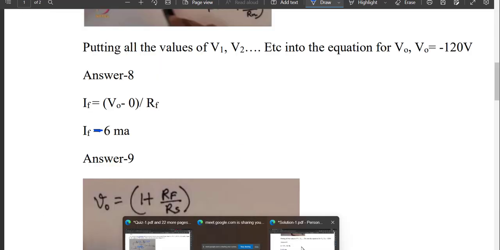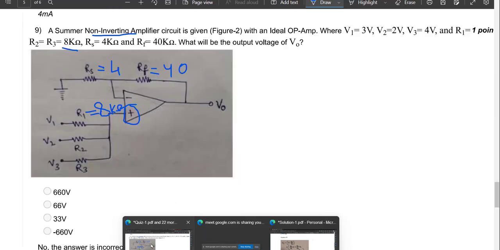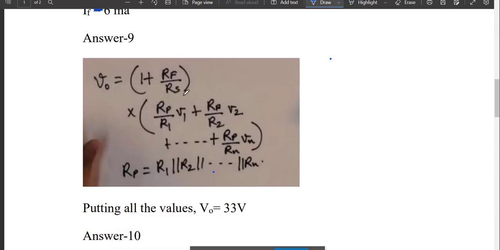So let's solve. For a non-inverting summer, the formula becomes V0 equals 1 plus RF upon RS, times the sum of RP upon R1 into V1, RP upon R2 into V2, up to RP upon Rn into Vn.